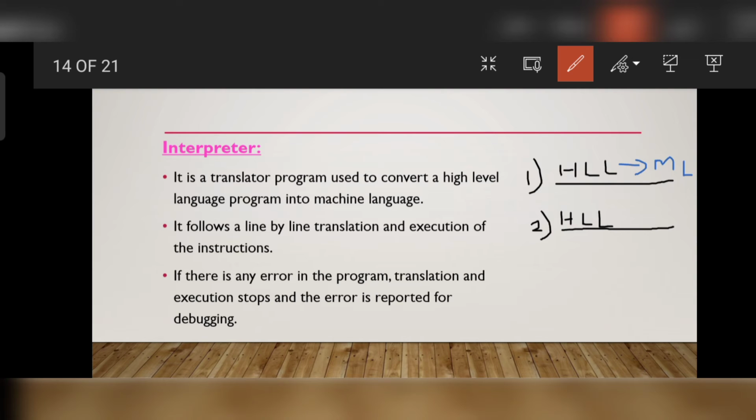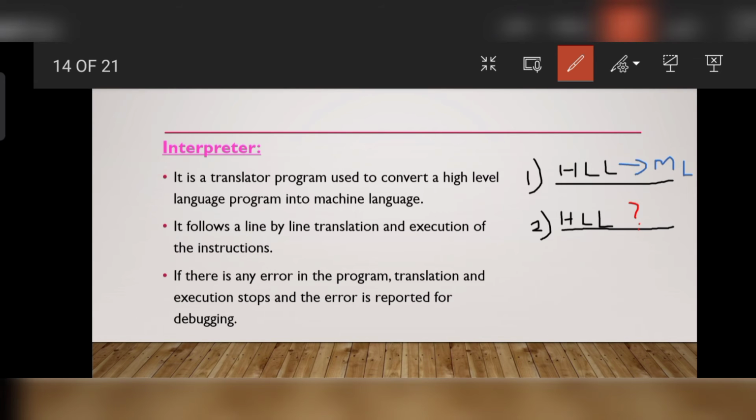Then the computer finds that there is an error in the instruction that we have given. So this second line has some error. If so, the translation by the interpreter will be stopped.